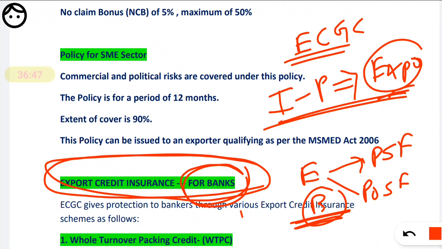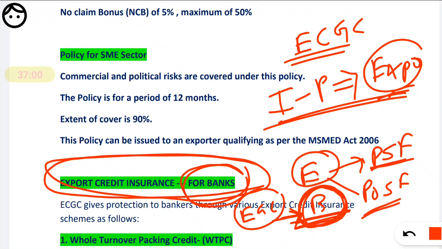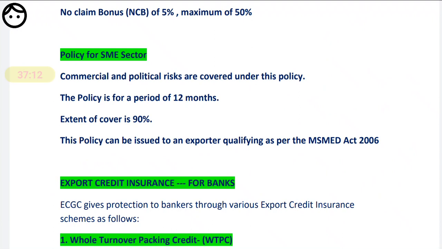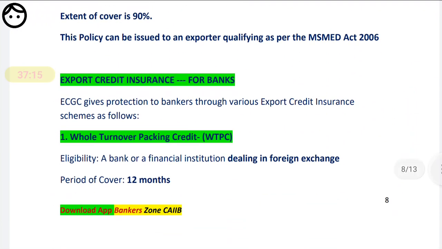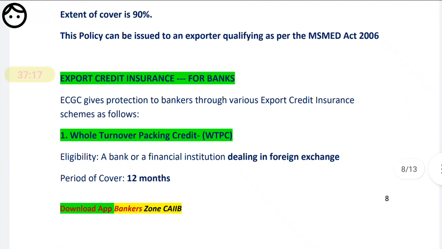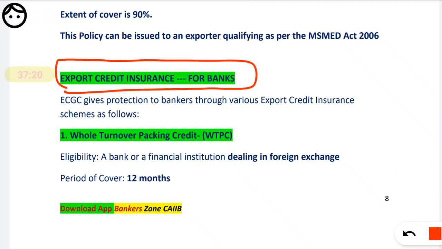That's why the ECGC provides insurance to banks, so that banks can easily lend their money in the form of pre-shipment or post-shipment finance to exporters. That way export business will increase in India and we will get foreign currency, which is very important for the growth of the Indian economy. So it is important to discuss the different credit insurance provided by the ECGC to Indian banks. We will continue the discussion in the next lecture.